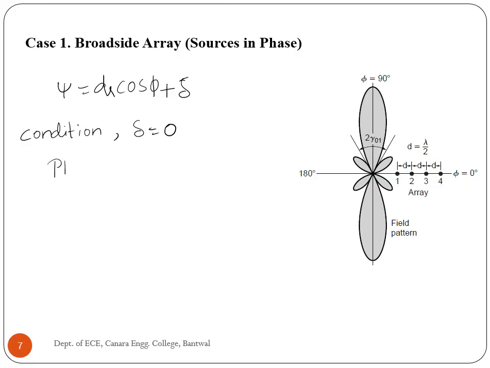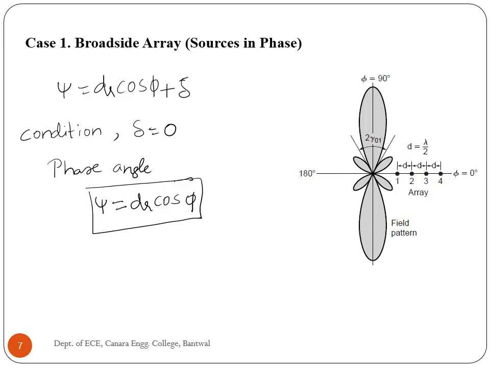Therefore, the phase angle for broadside array system is dr cos phi. Condition for peaks: xi equal to 0. Therefore, we will get main lobes at plus or minus 90 degrees.